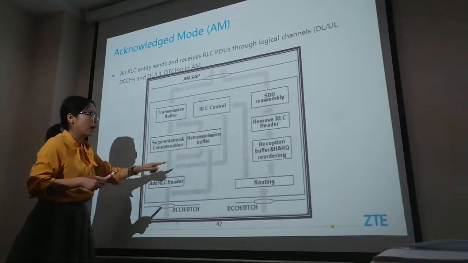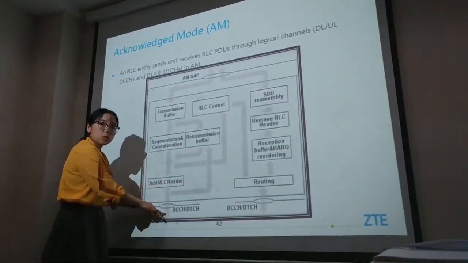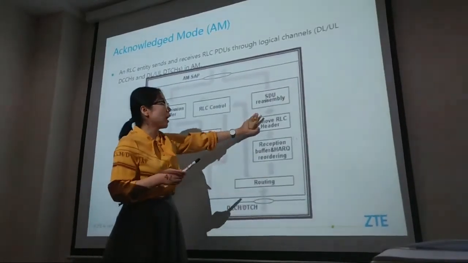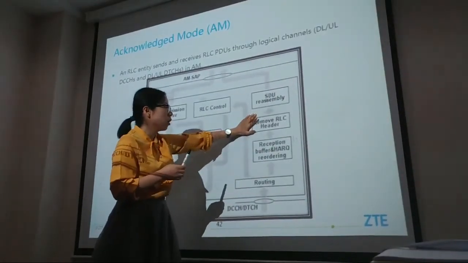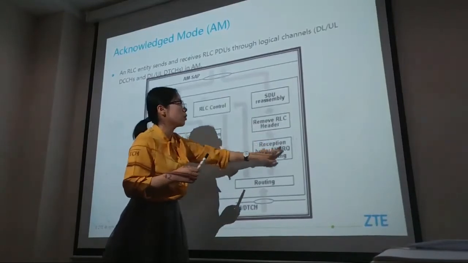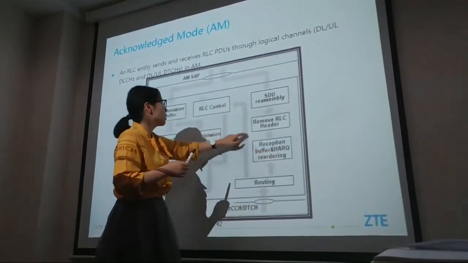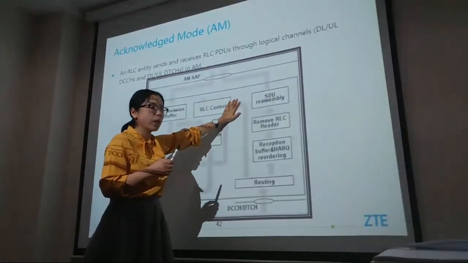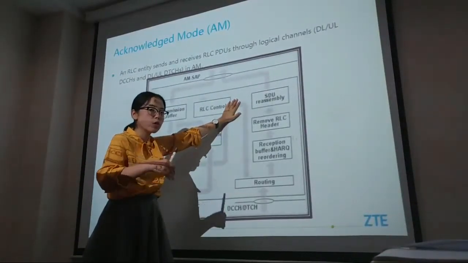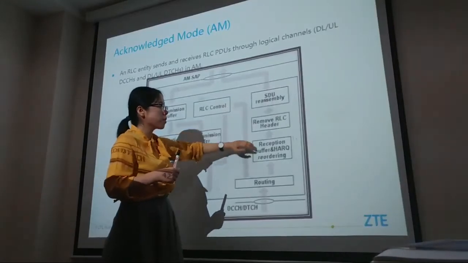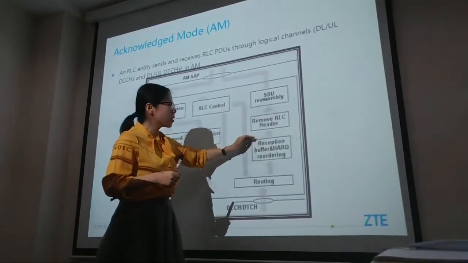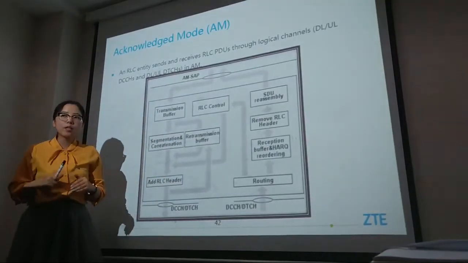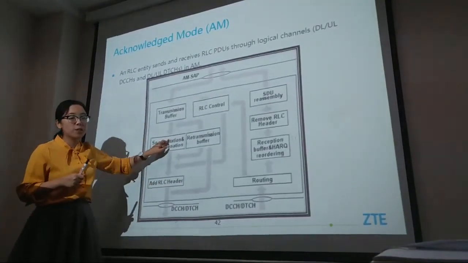When the receiver receives it, here is a reordering. And for the RLC control, the AM will have control. It will control the whole RLC link. In this part, it will detect whether it's right or not, and give feedback.